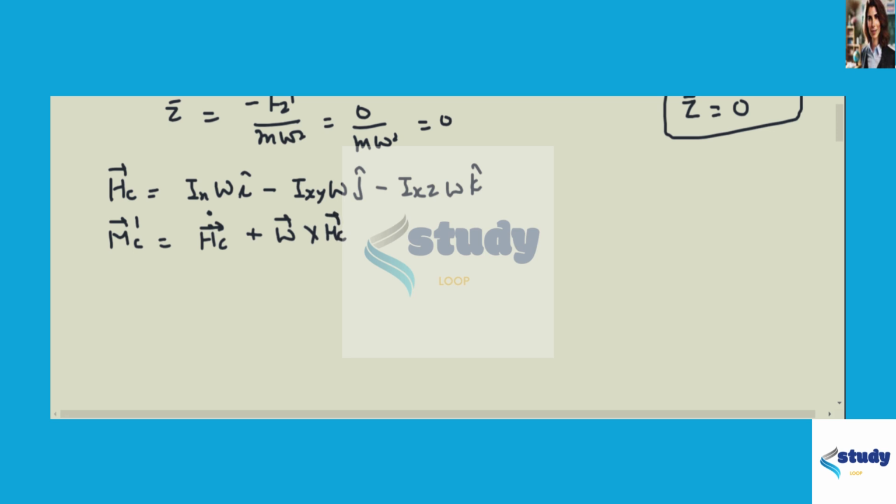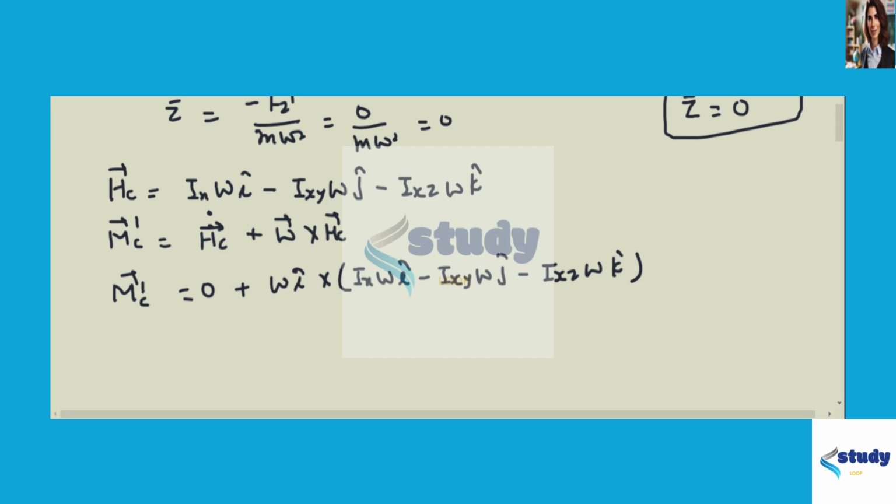The rate of change is 0 because it is rotating with constant angular velocity. Omega is omega i cap. Hc I have already written, so substitute the value Ix omega i cap minus Ixy omega j cap minus Ixz omega k cap. Now find the cross product.